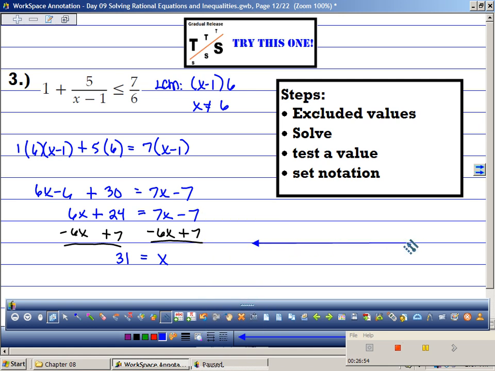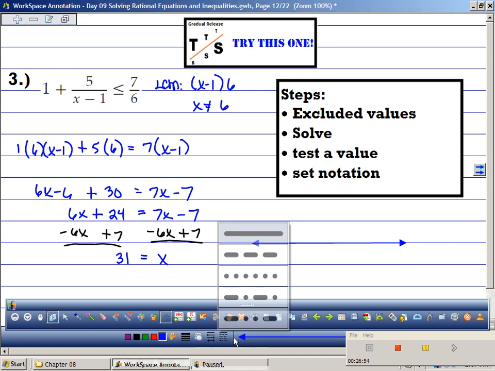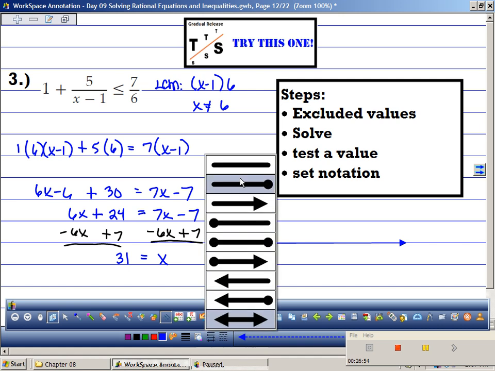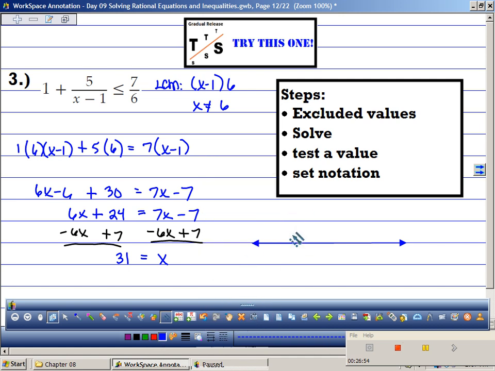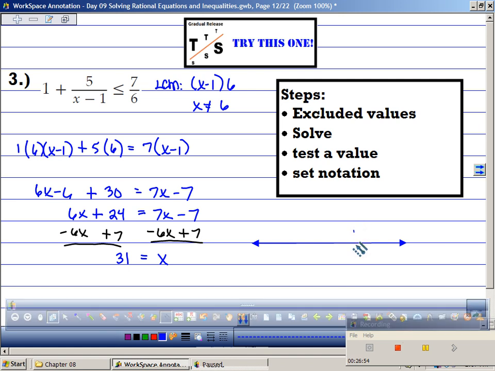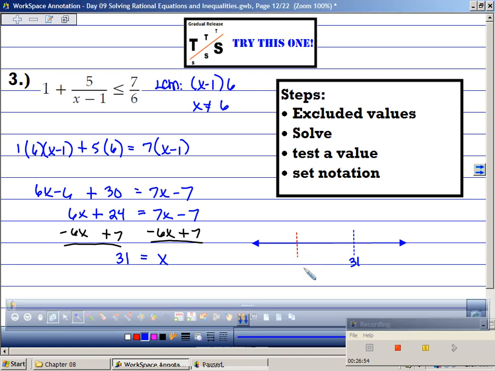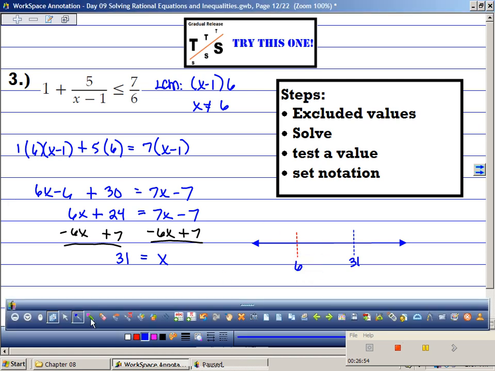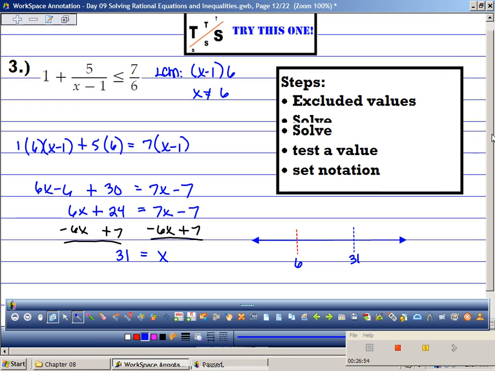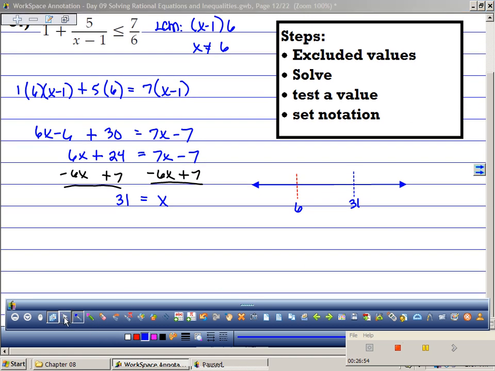Wouldn't that be nice? All right, so my solution is at 31, but where is my excluded value? 6. Therefore, what do you want to test? 10? Okay. Let's do some test points.